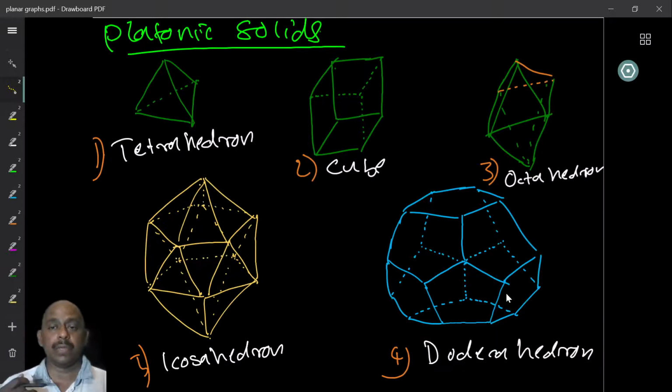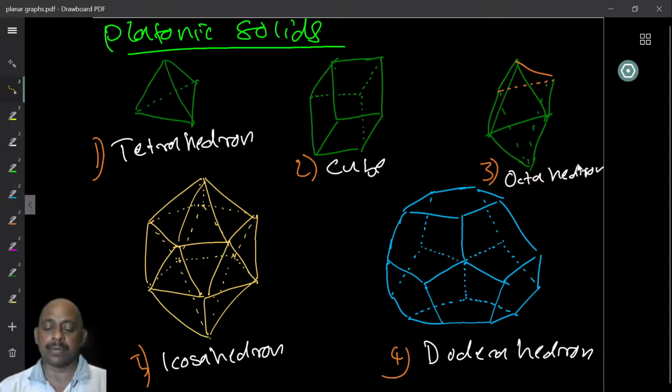Now, if you look at this more carefully, you will see that the number of faces of the cube is the number of vertices of the octahedron, and the number of faces of the octahedron and the number of vertices of the cube are also the same, right?